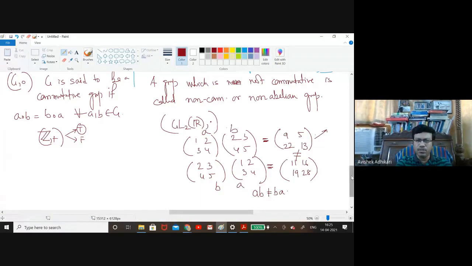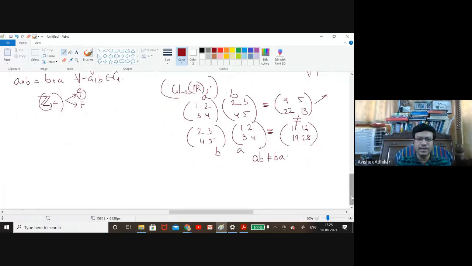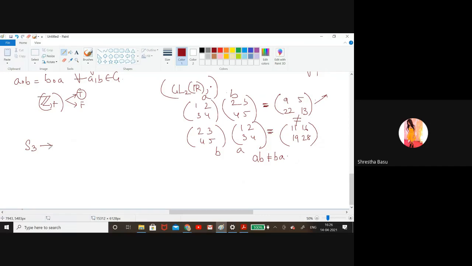Now what about S3? Will that be commutative or non-commutative? Non-commutative. Why?